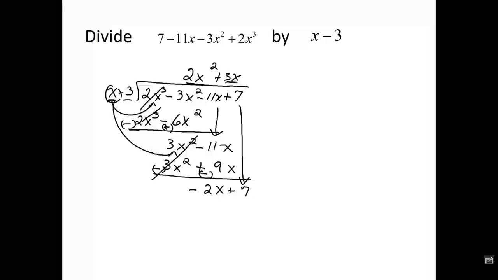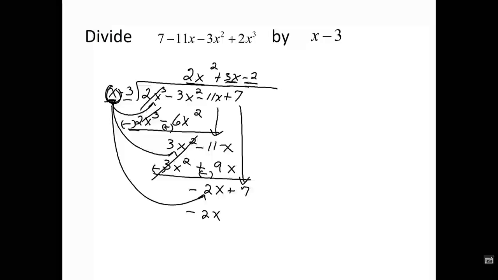Repeat the division process. X divided into a negative 2x is a negative 2. And now we multiply. A negative 2 times x is a negative 2x.